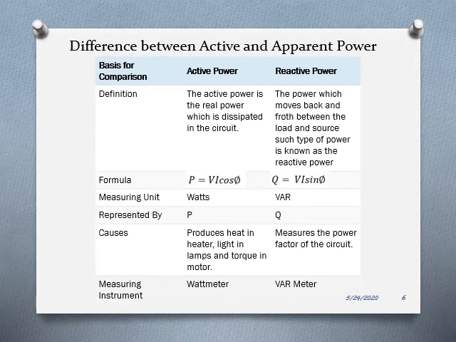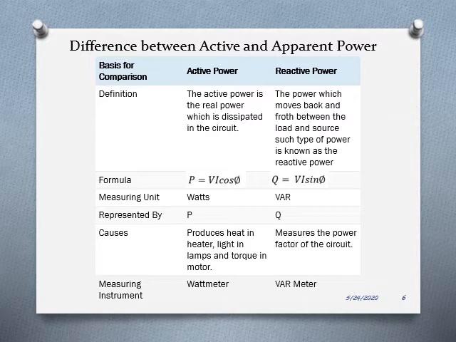Now the difference between the active and reactive power. Active power, as I said, is the power that is being utilized or dissipated in a circuit, whereas reactive power is a wattless power which moves back and forth between the load and source. The equation for active power is P is equal to VI cos phi, and the equation for reactive power is Q is equal to VI sin phi.